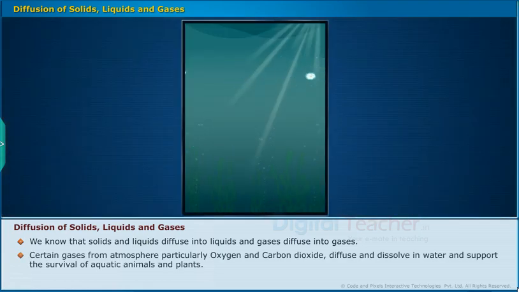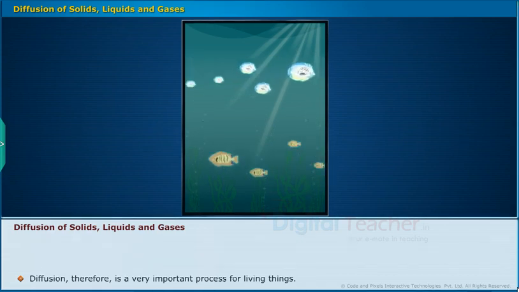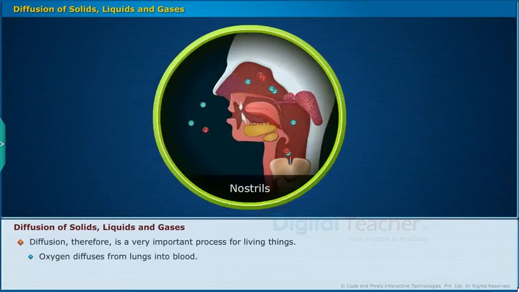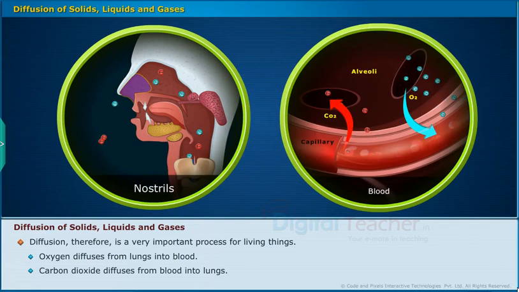Certain gases from atmosphere, particularly oxygen and carbon dioxide, diffuse and dissolve in water and support the survival of aquatic animals and plants. Diffusion, therefore, is a very important process for living things. Oxygen diffuses from lungs into blood. Carbon dioxide diffuses from blood into lungs.